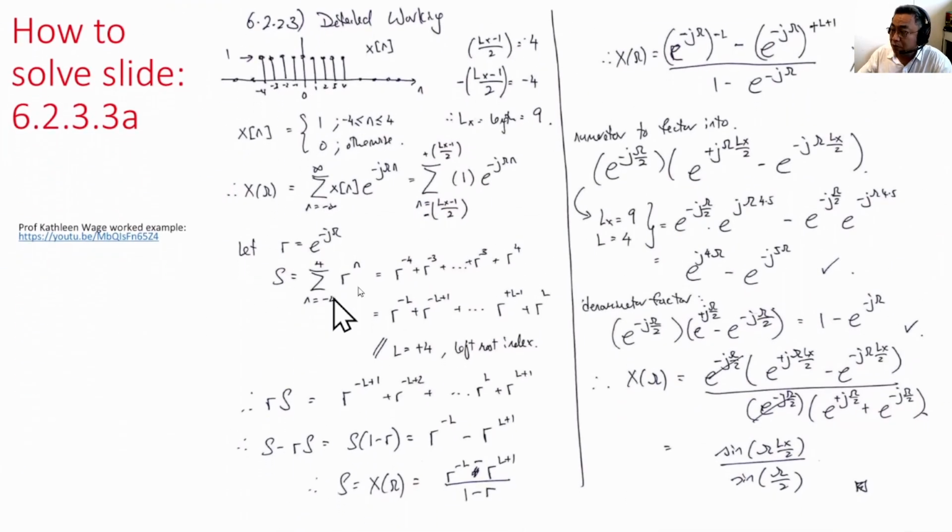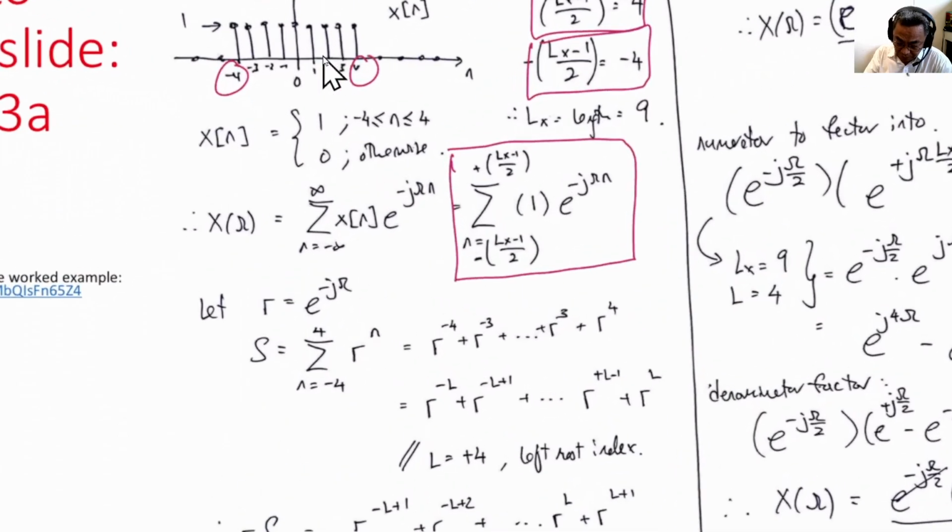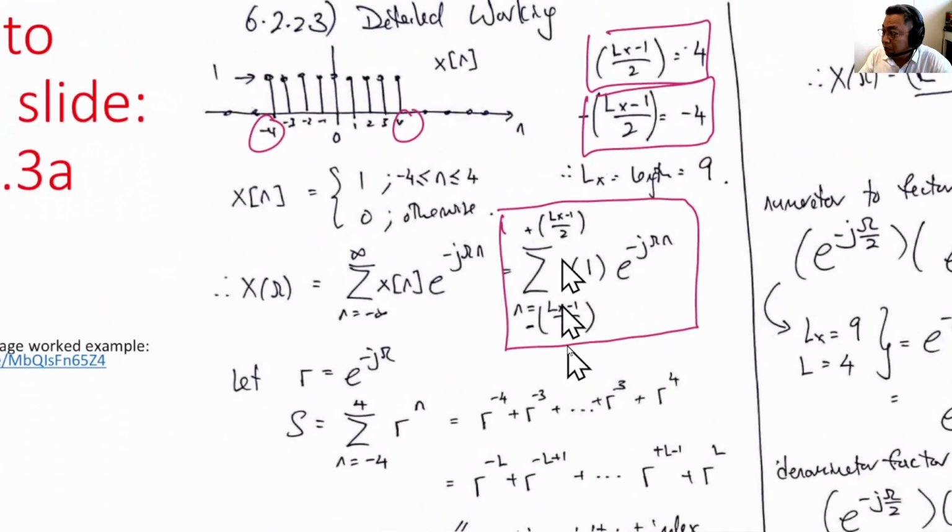So what you should do is first to substitute the starting point and the ending point as variables, and then you are going to perform the summation across only this finite support where there is non-zero, and you substitute r as this complex variable e^(-jω), and then simply we are doing this sum.